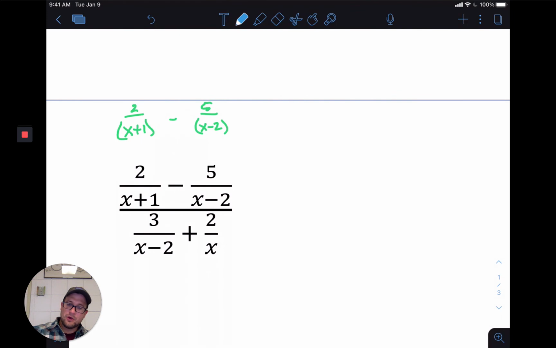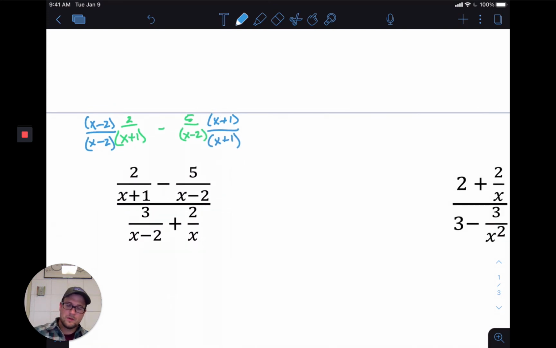So we will need to multiply the first one by x minus 2 and x minus 2. And we'll need to multiply the second one by an x plus 1 and an x plus 1. Now, once we've done that, our common denominator will be x minus 2, x plus 1.